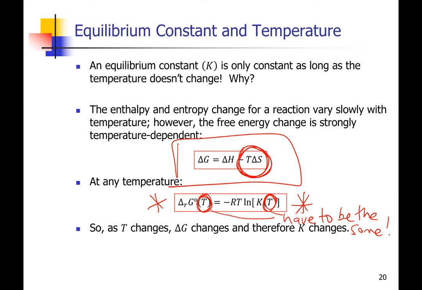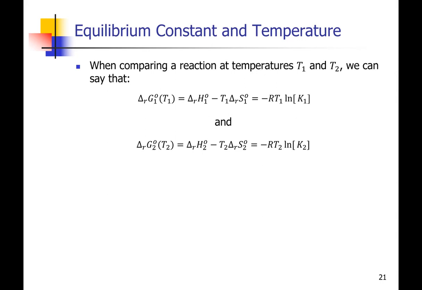So how do we deal with it if we want to talk about equilibrium constants at temperatures that aren't 25 degrees Celsius? Well, we have to make a couple of assumptions. We have to say that while we know that free energy changes wildly with temperature, we're going to assume that the enthalpy change for a reaction doesn't change too much, and the entropy change for a reaction doesn't change too much.